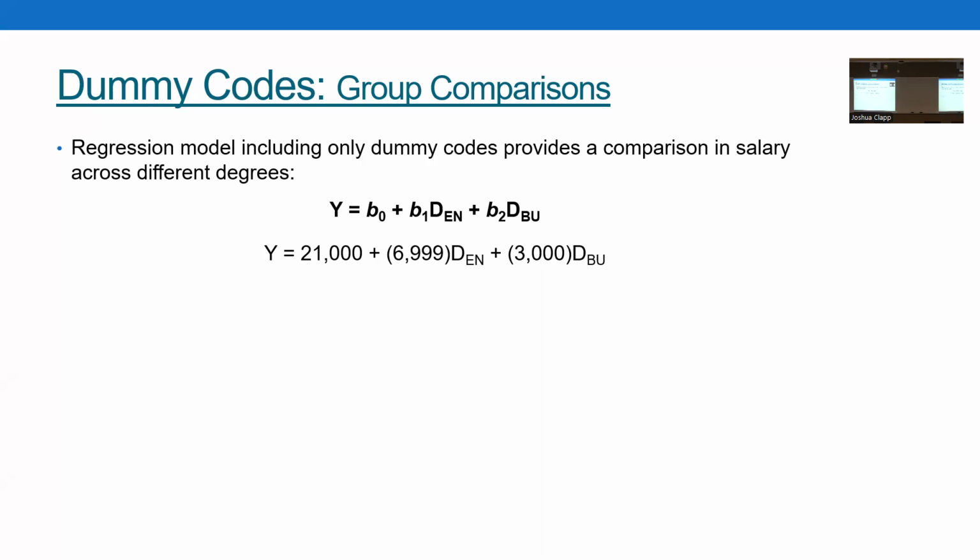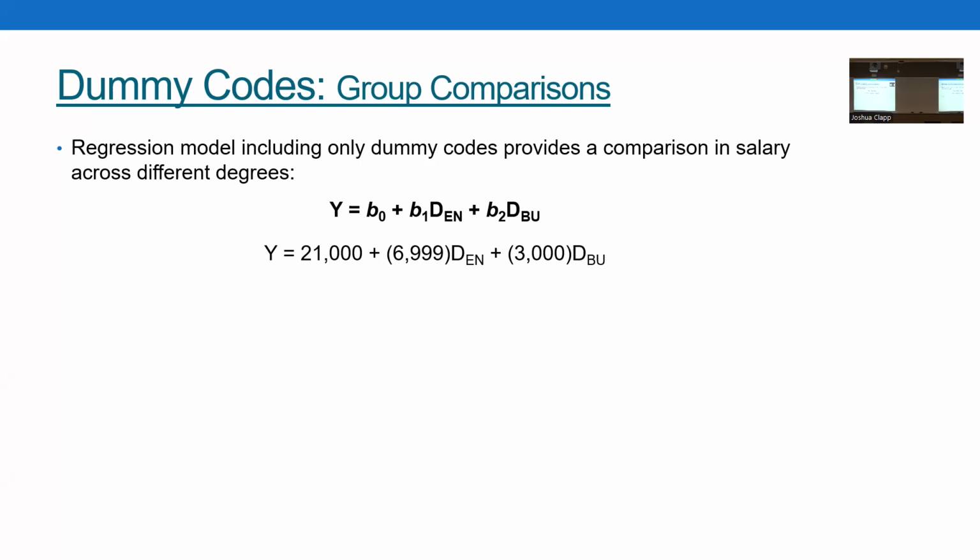And here, what does this coefficient for engineering represent? It's how much on top of what they would make. Exactly. I'm not saying that these salaries are correct, but you're absolutely right.